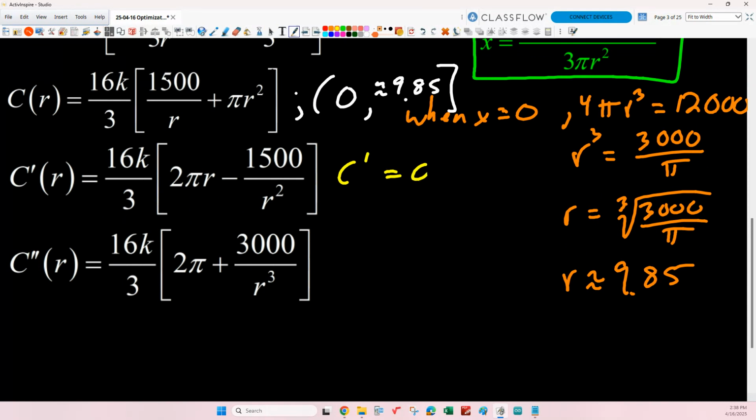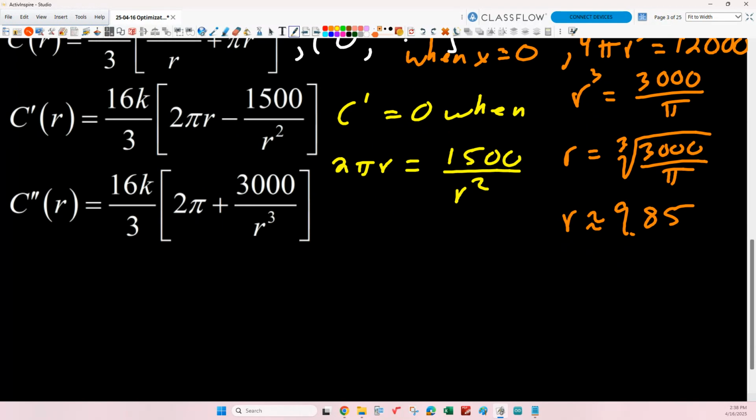So C prime equals 0 when 2 pi r equals 1500 over r squared. So how would I solve that equation? Good. I just cross multiply, right? I've got a 1 on the bottom here, and I get 2 pi r cubed equals 1500.